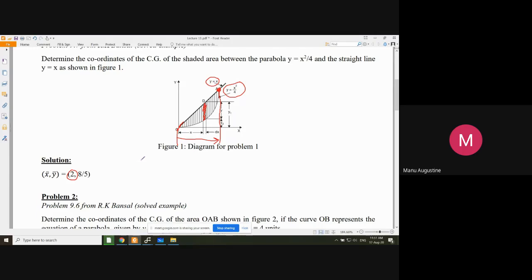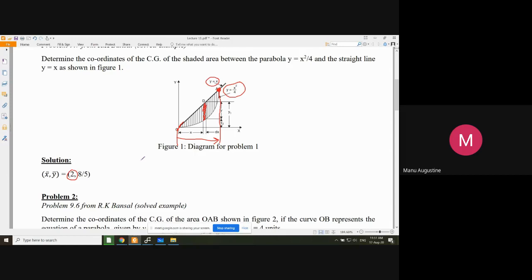And now the centroid of this strip is here. In other words, if the bottom edge of the rectangle is y1 and the upper edge of the rectangle is y2, then the centroid should be at which location? It should be at the center of the top and bottom edge. That means, if this height is my y star, what is y star?